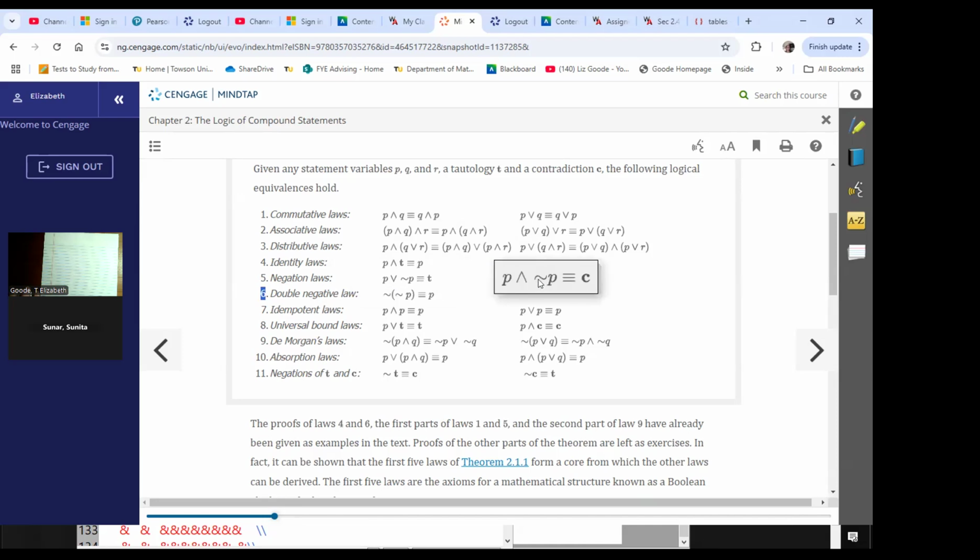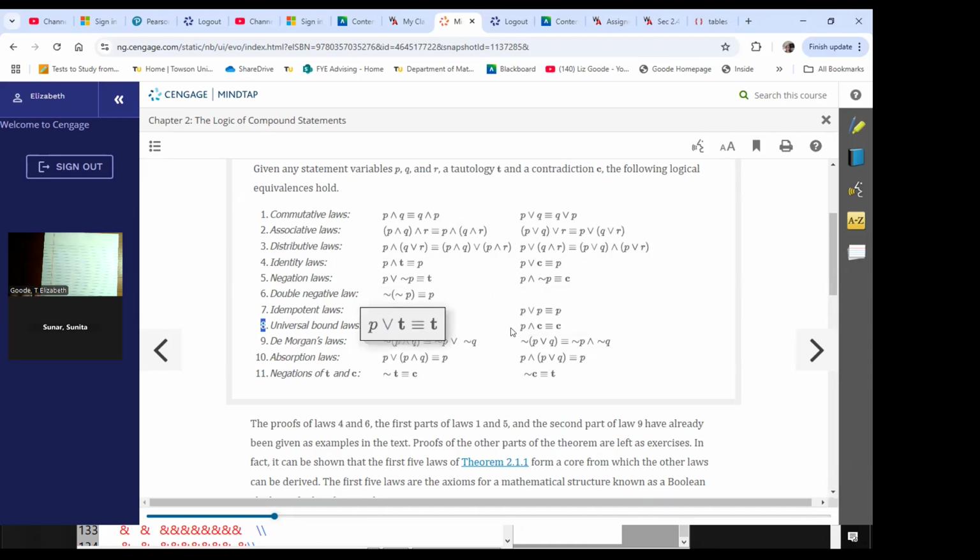And P and not P is never true, so that's a contradiction. The double negative says not not P is P. The idempotent laws say P anded with P is just P, and same with or: P ORed with P is just P.